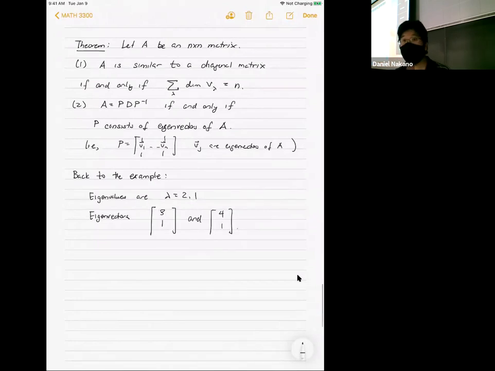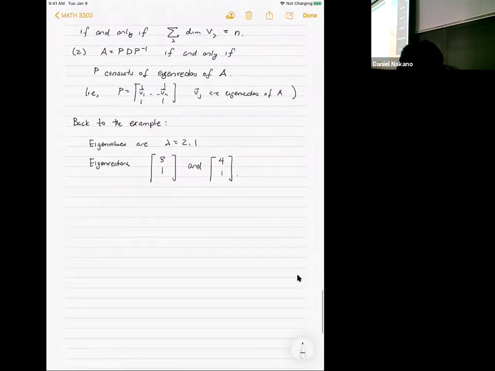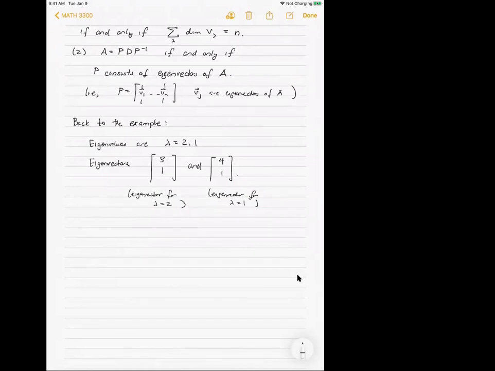So 3, 1 is an eigenvector for lambda equals 2, and 4, 1 is an eigenvector for lambda equals 1. And we found these eigenvalues from the diagonal matrix 2, 0, 0, 1.